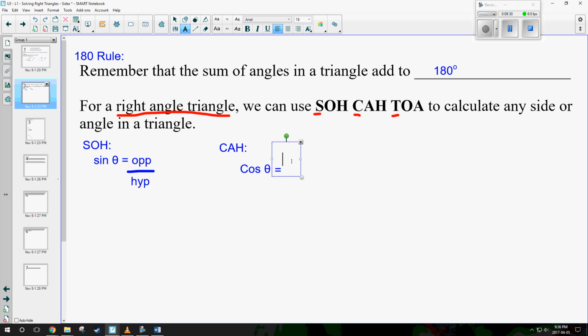The A stands for adjacent. And the H stands for hypotenuse. So our formula for using cos is that cos theta is equal to adjacent divided by hypotenuse.